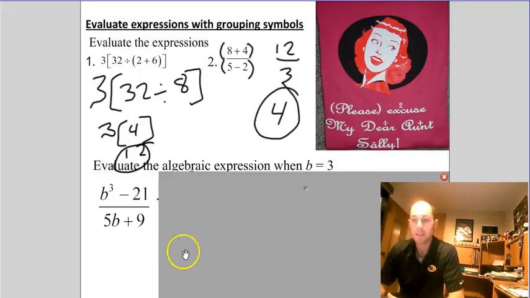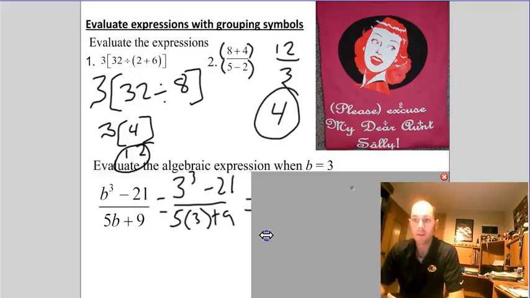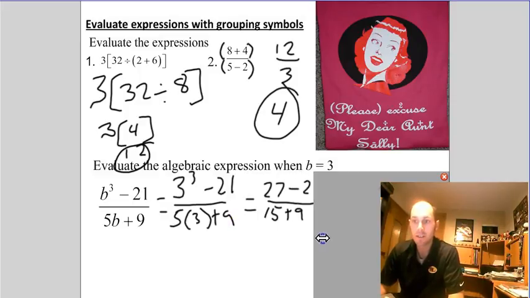Okay, so let's check it out. So here's the work that we get for it. We put the 3 in for B, 3 to the third minus 21 over 5 times 3 plus 9. We evaluate the numerator and denominator first. So within the numerator, we get 3 to the third, which is 27, minus 21.